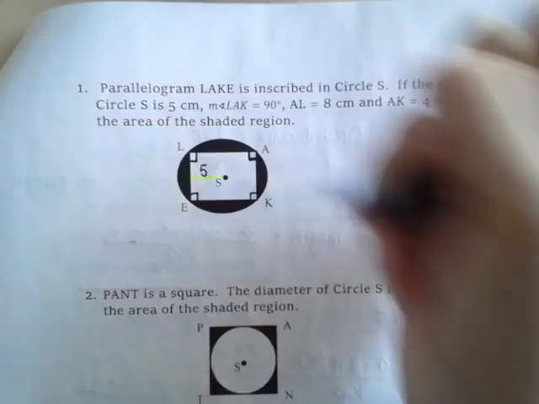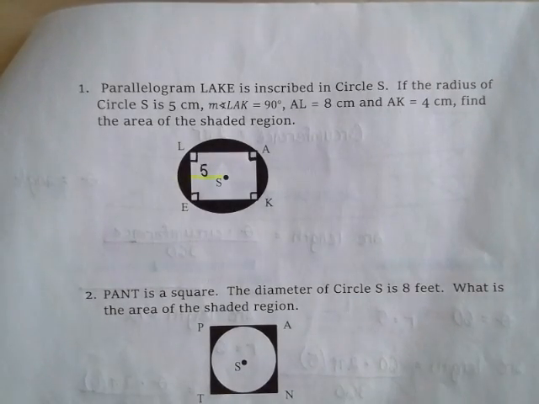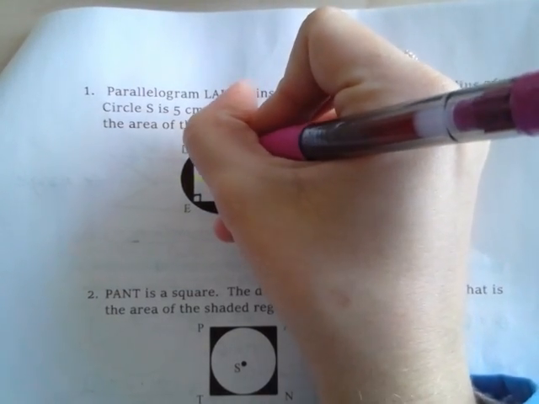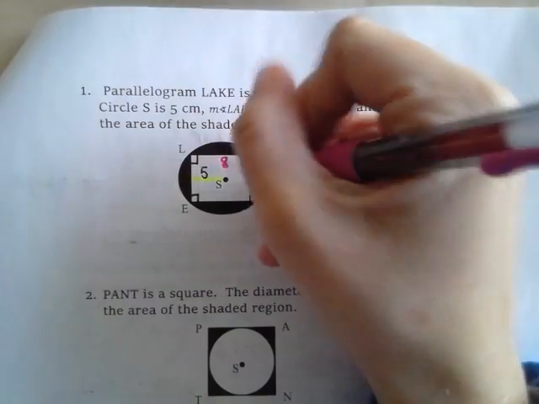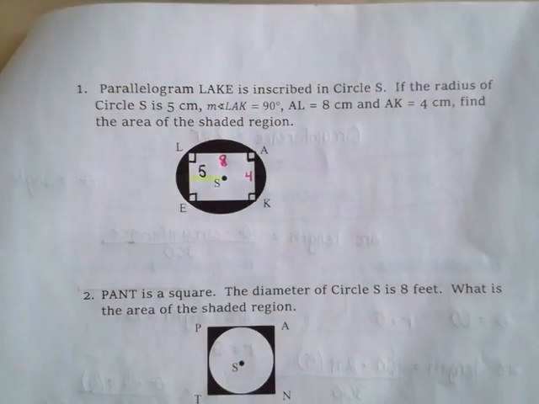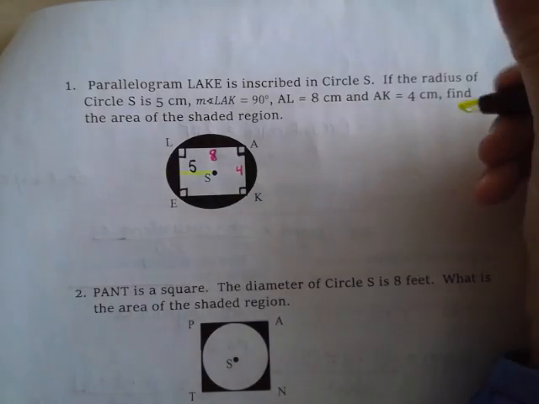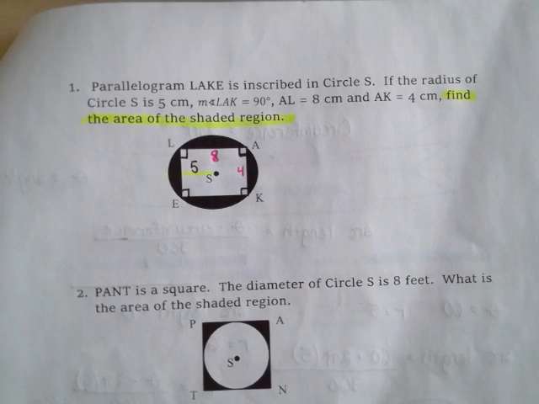So this is a rectangle, and it looks like a rectangle. Next, it tells us that AL is 8 centimeters. So this line segment right here is 8, and AK is 4 centimeters. And it wants us to find the area of the shaded region.